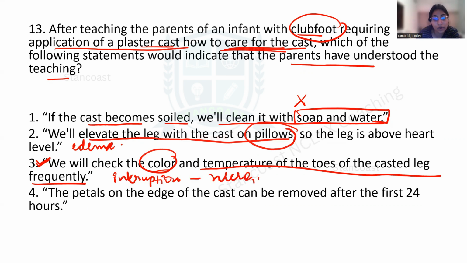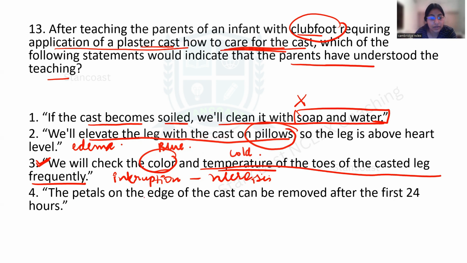So, it is very important to check the color, to check if the color of the skin becomes blue. And we have to always check the temperature of the toes, if the toes have become cold. These indicate that there is some kind of neurovascular impairment. So frequently checking this would indicate that parents have understood about the care of the cast.